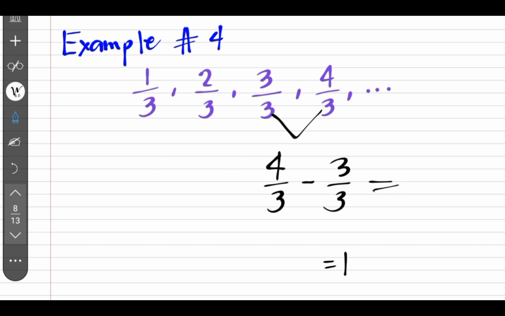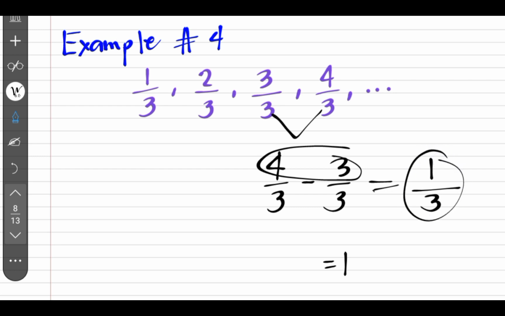So in subtracting fractions, especially similar fractions, you just copy the denominator, which is 3, and subtract the numerators. So 4 minus 3 is equal to 1. So the difference of 4/3 and 3 over 3 is 1/3.